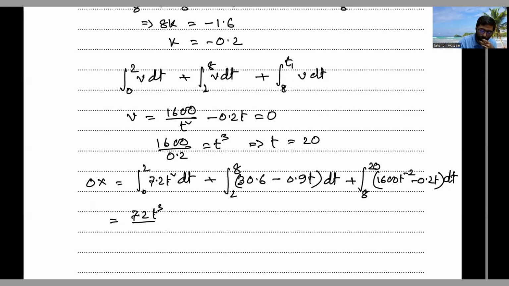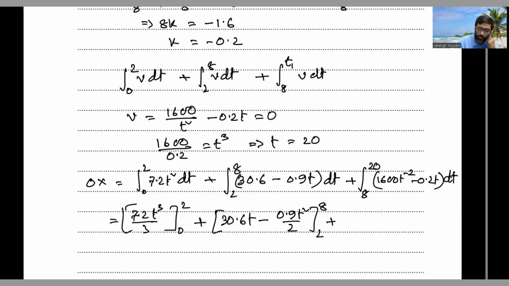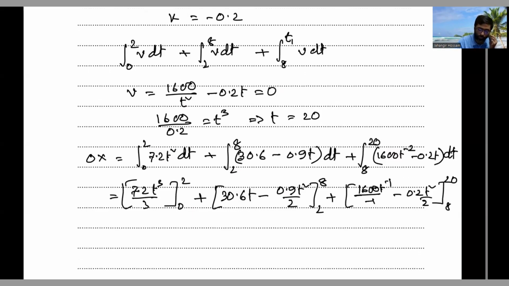7.2 t cubed by 3. Then 30.6 t minus 0.9 t squared by 2. Limit here 2 to 8. Here we have 1600 t to the power minus 1 by minus 1 minus 0.2 t squared by 2, limit 8 to 20.